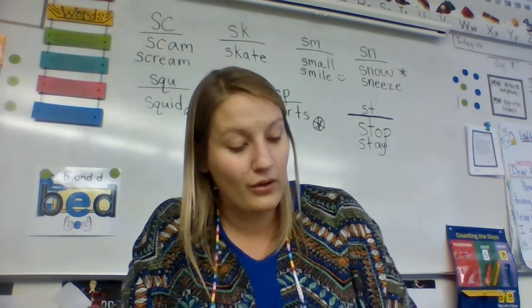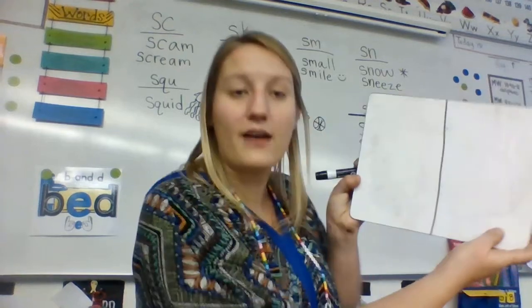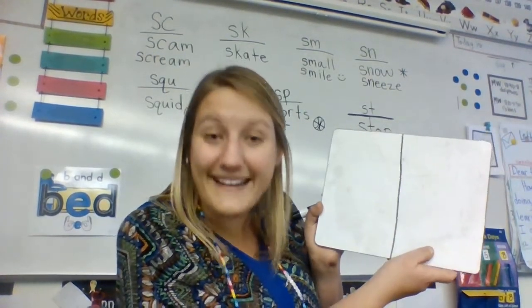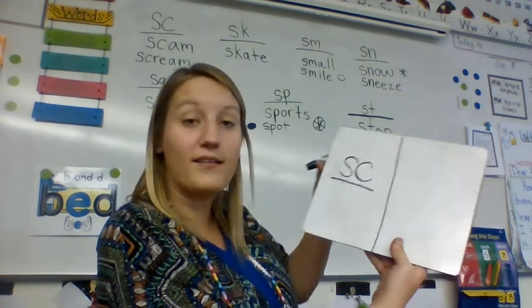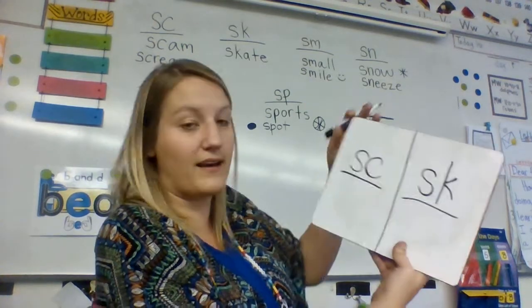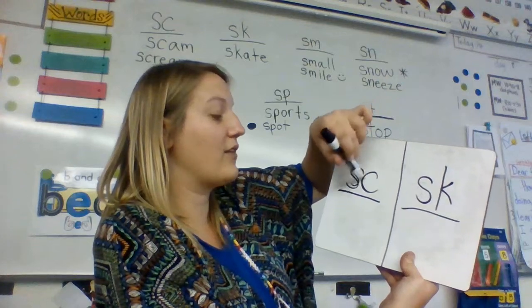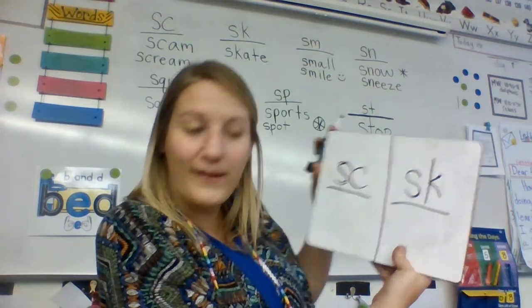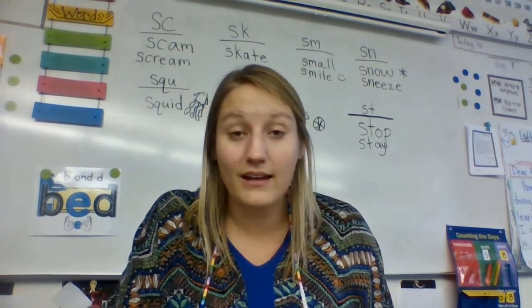Now, my friends, divide your paper into two ways to spell this sound. The sound is sk. We have SC says sk, and SK says sk. And remember, boys and girls, you are saying and spelling the letters too when you write them. That way they get really super stuck in our brain. All right, the next sound is sp.